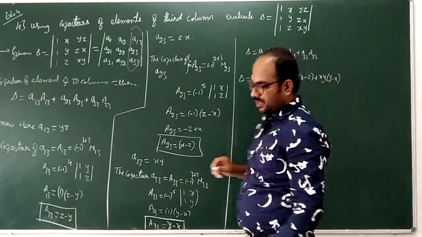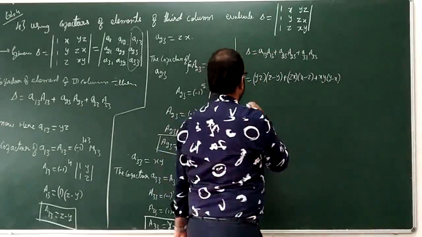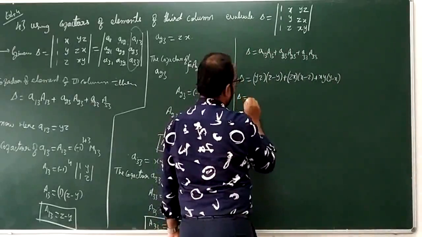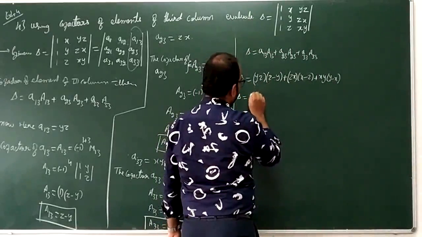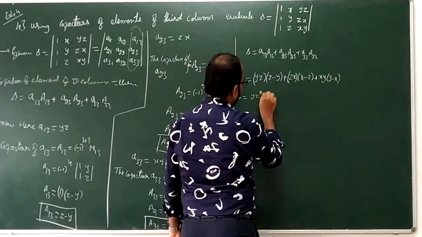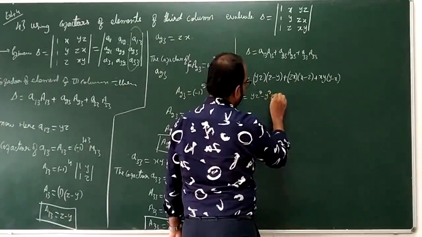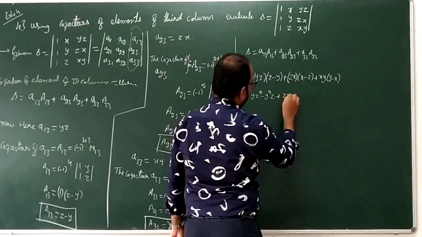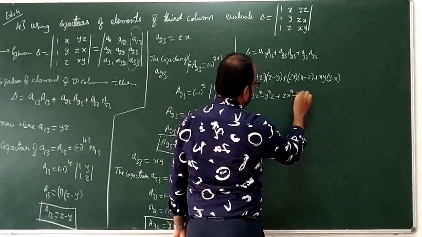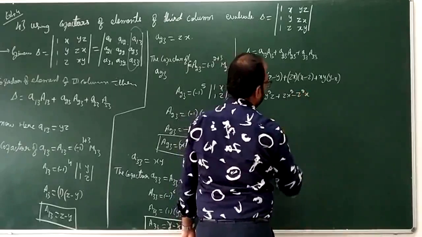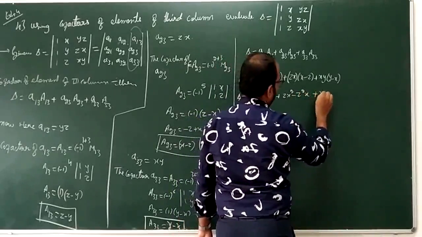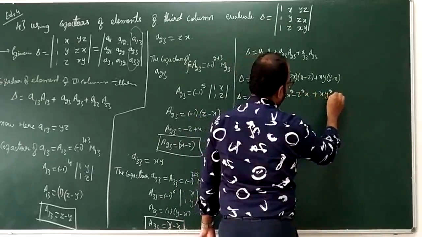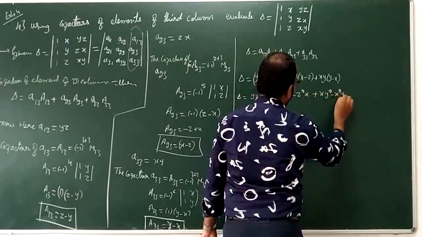That is, delta is equal to, multiplying, yz square minus y square z plus zx square minus z square x plus x y square minus x square y.